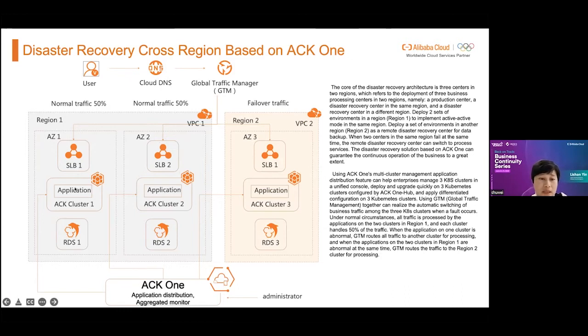When this region has a problem and cannot work, the traffic will automatically switch to this region. And ACK One can deploy the application one time to different regions. Even if this cluster is from another cloud provider, that's okay.